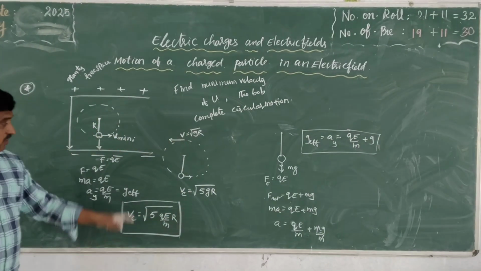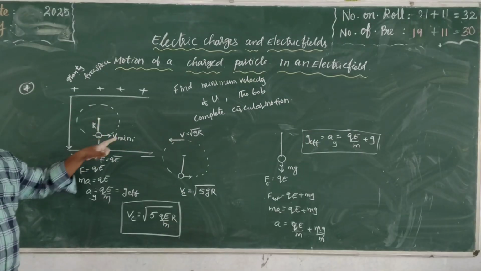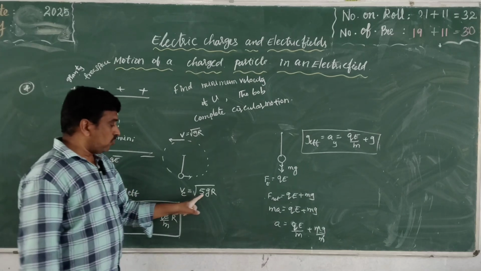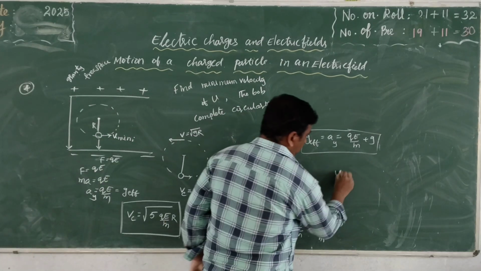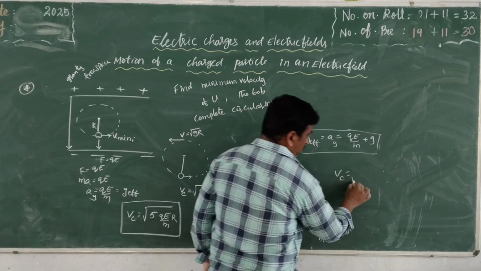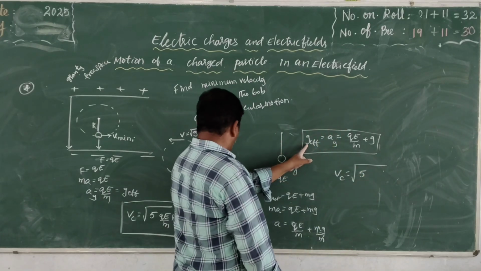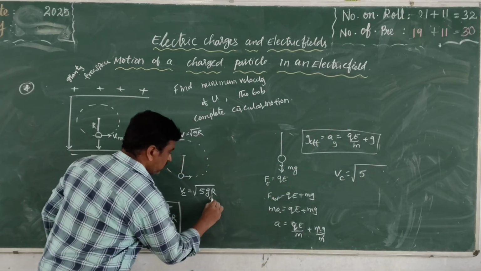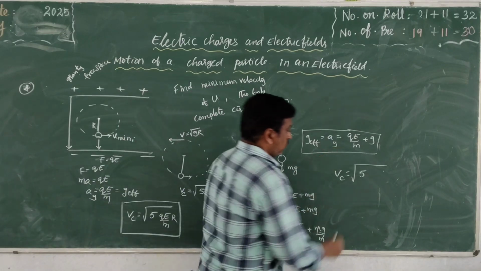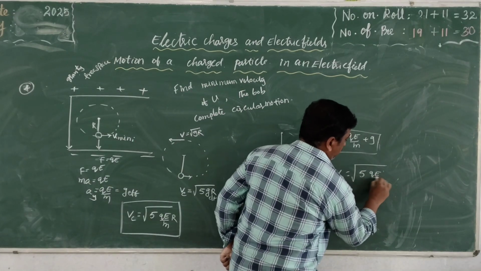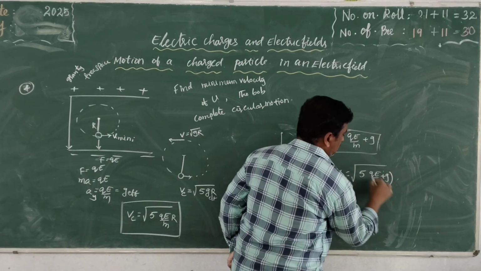Minimum velocity for circular motion in uniform electric field. So Vc equal to root of 5gr. We call it the critical velocity, root of 5 g effective r. What is g effective here? It is QE by m plus g, into r.